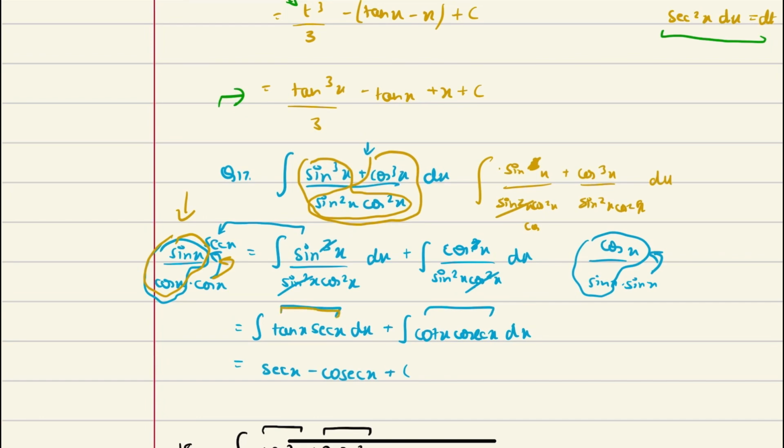For the second, cosine squared x and this power cancel, and then we have a cotangent x from here, and this becomes cosecant x. And now, of course, we know both of those integrals. So that's secant x, and that's a negative cosecant x, and the plus c, of course. That is the answer.